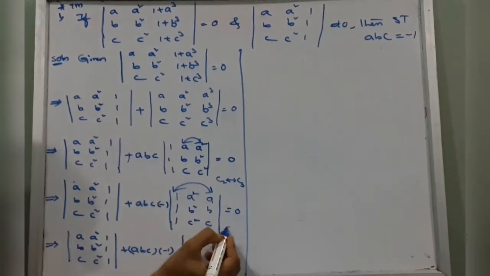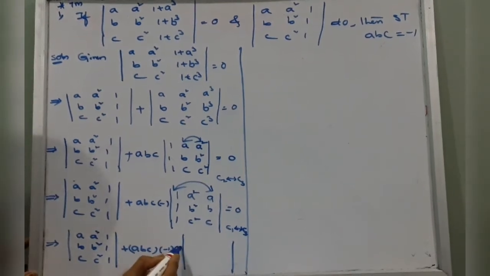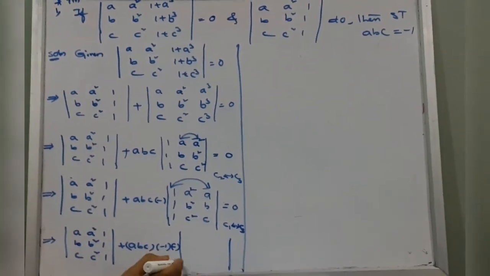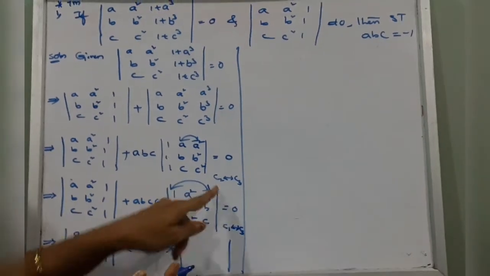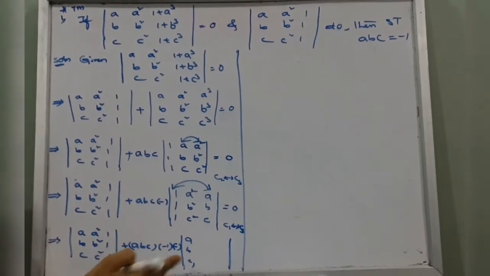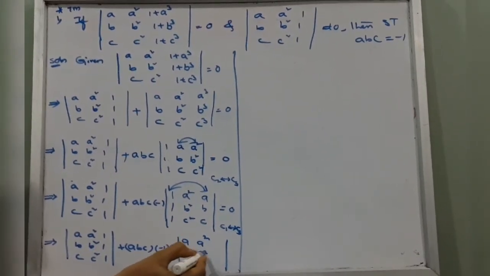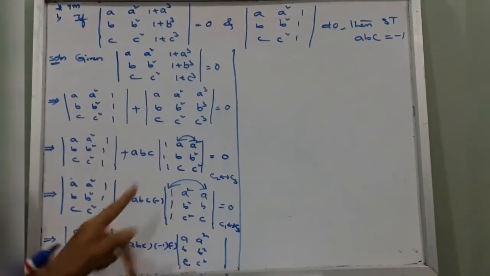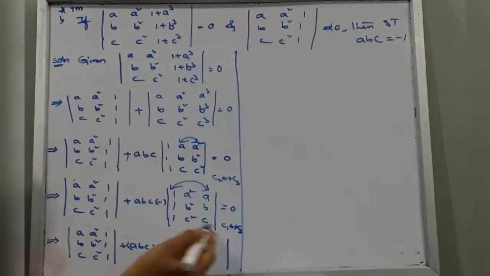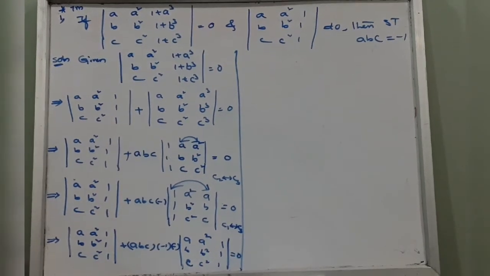Then again it will be minus here. Now the third column goes to the first column, ABC; the second column is the same, a square, b square, c square; and the first column goes to the third column, 1, 1, 1, is equal to 0.